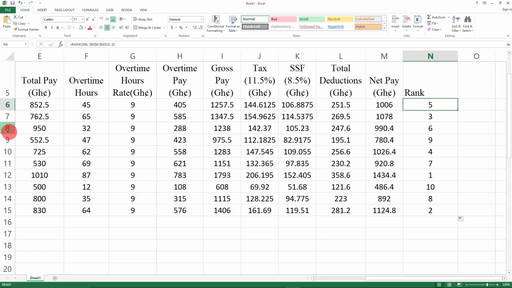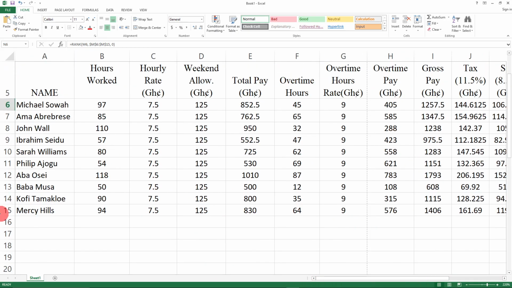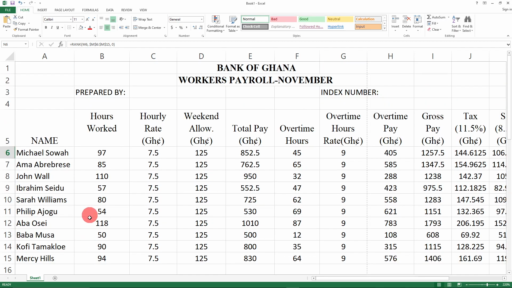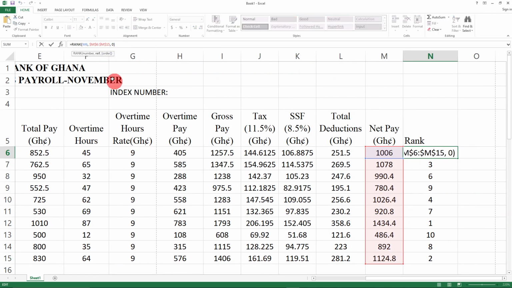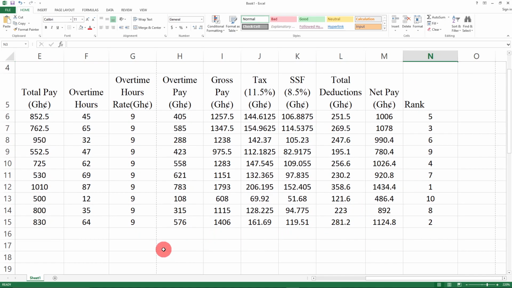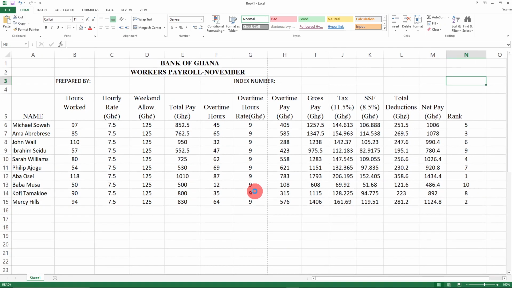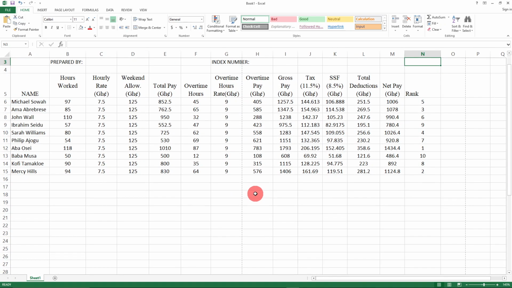If the first person starts with 10, wherever you see 6, you should change it to 10. And the last person, which is the 15, if your last person is 18 or 20, you change the 15 to 20, and then you are good to go. So that's it for the work, and I hope you understand whatever we've done so far.